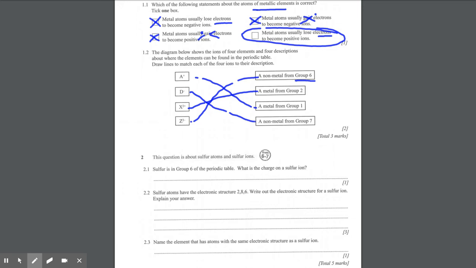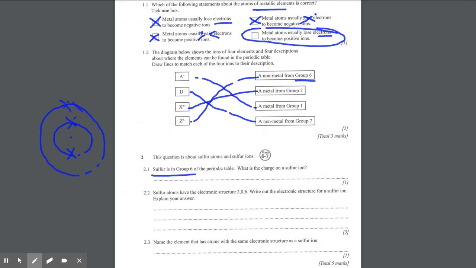So again, question 2, it's taking a similar theme, but here we're looking at something called sulfur, which is in group 6. And if it's in group 6, so if we just have a quick draw of it, sulfur's electronic configuration is actually a 2-8-6 substance.